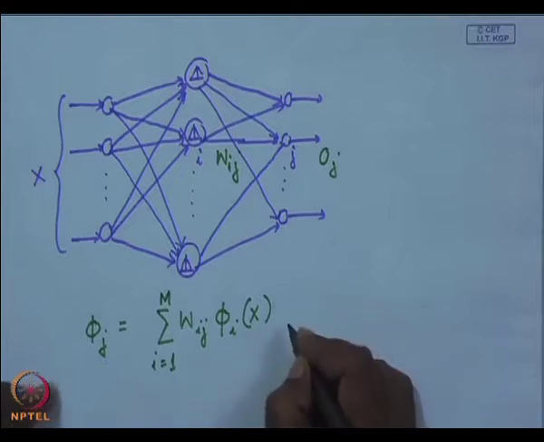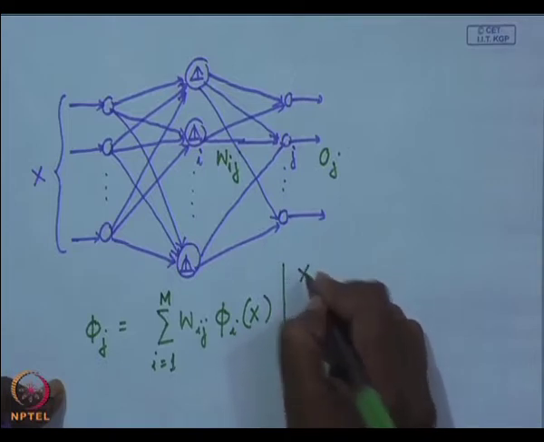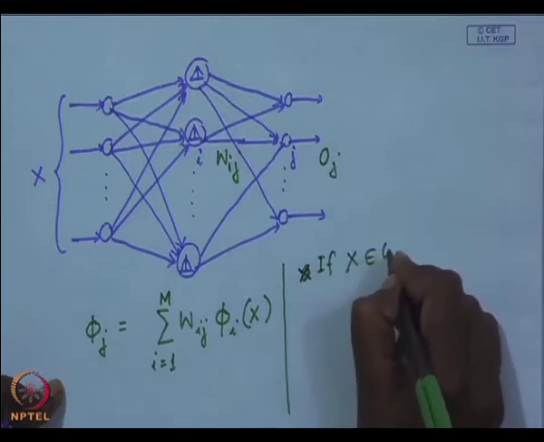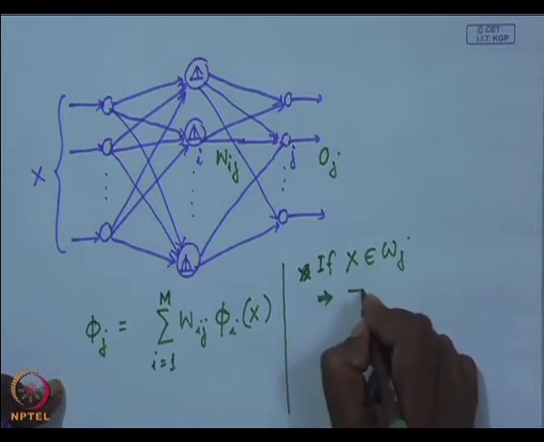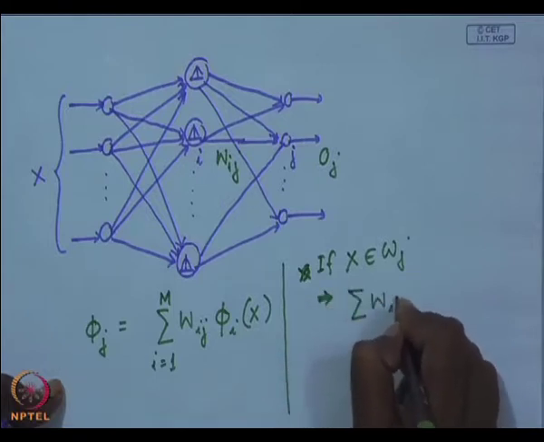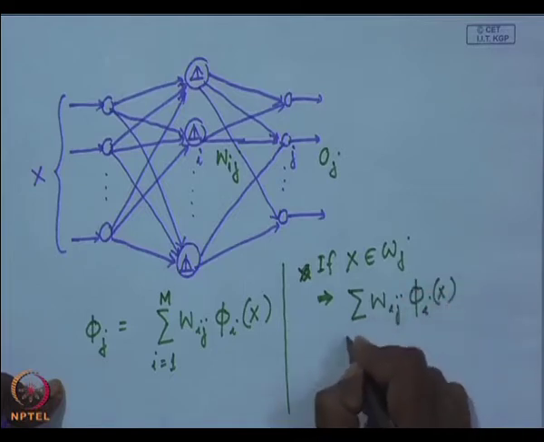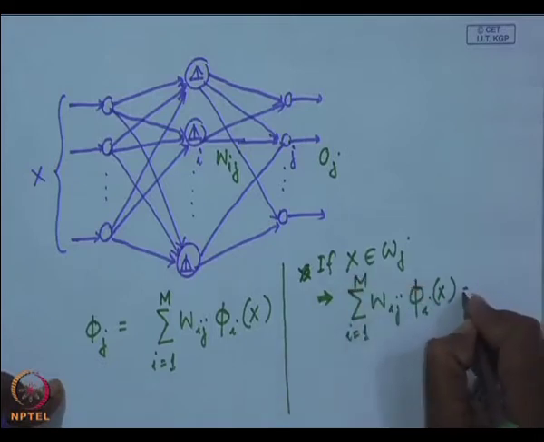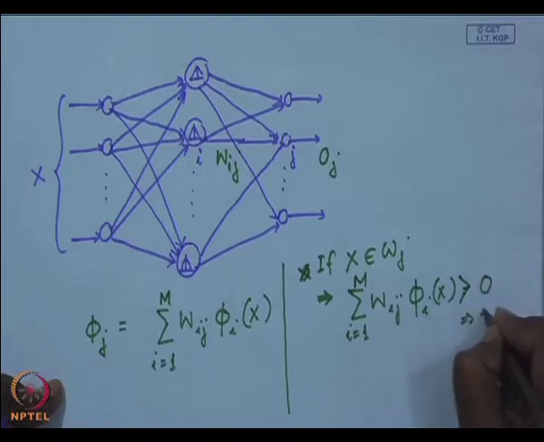And naturally, over here, if this feature vector x belongs to class omega j, then I have to have the sum of W i j times phi i of x, i equal to 1 to m, greater than 0; I will put this as plus 1.